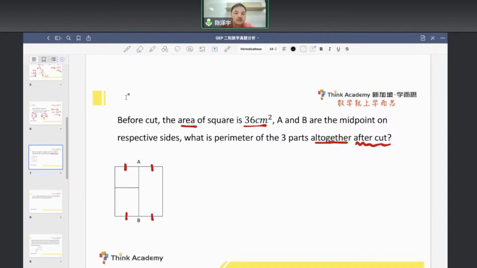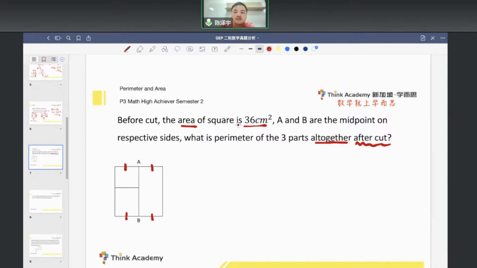So this one is testing us on perimeter and area. This is actually a P3 MHA, Max High Achiever, Semester 2 topic. If you are in our lesson, you should know how to find the area and perimeter of a square.